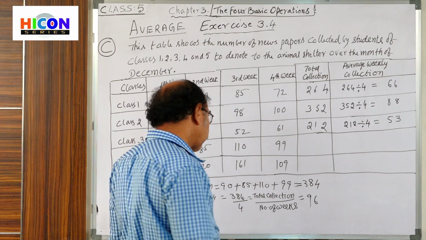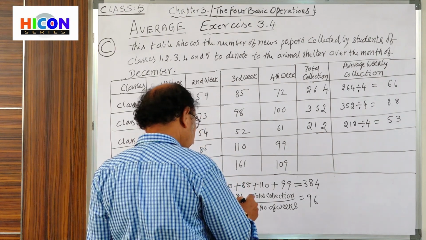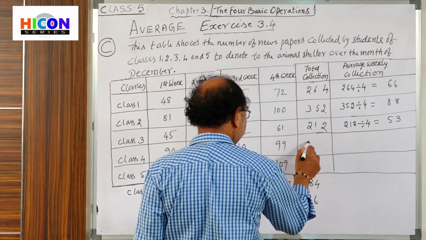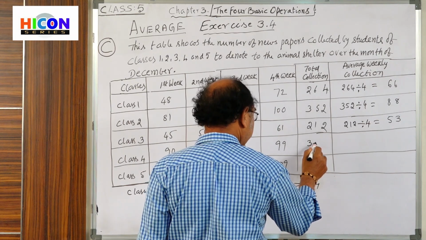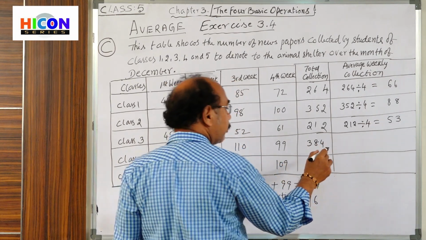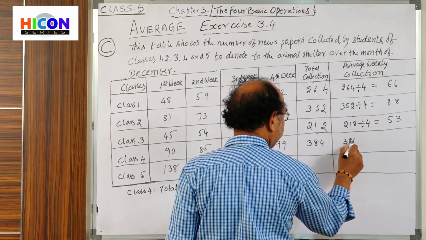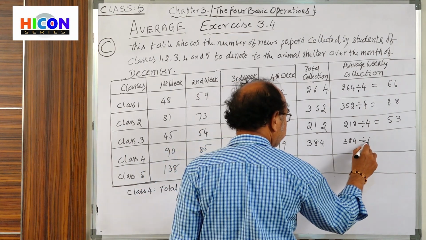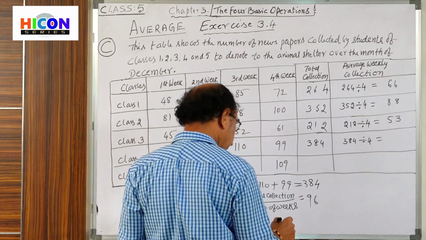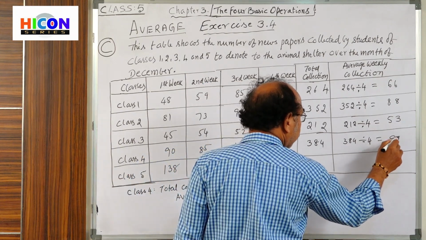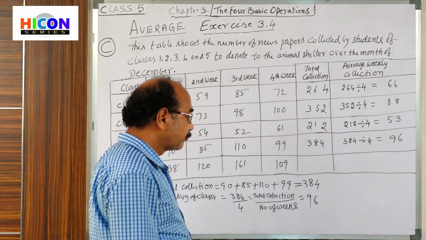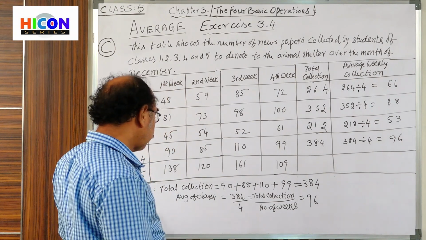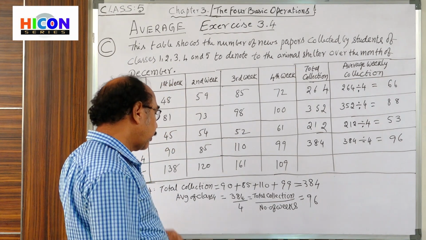Now, here what do we write? Total collection 384. Here 384 divided by 4. That is equal to, after division we got 96. Now come to class 5.